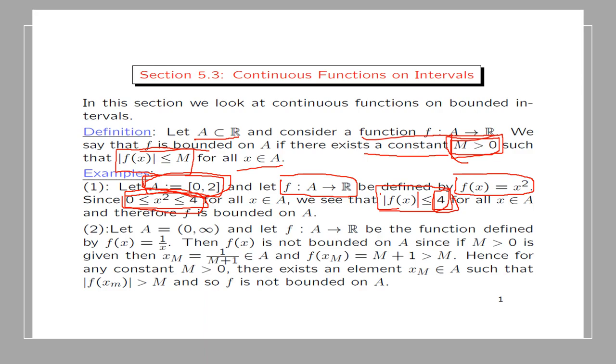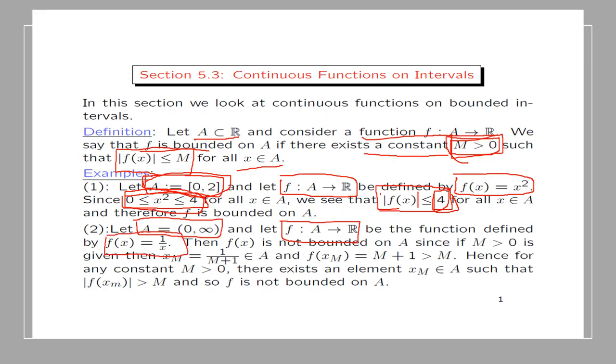The second example: we have A as the open interval from 0 to infinity, and our function f from A to R is defined by setting f of x to be 1 over x.